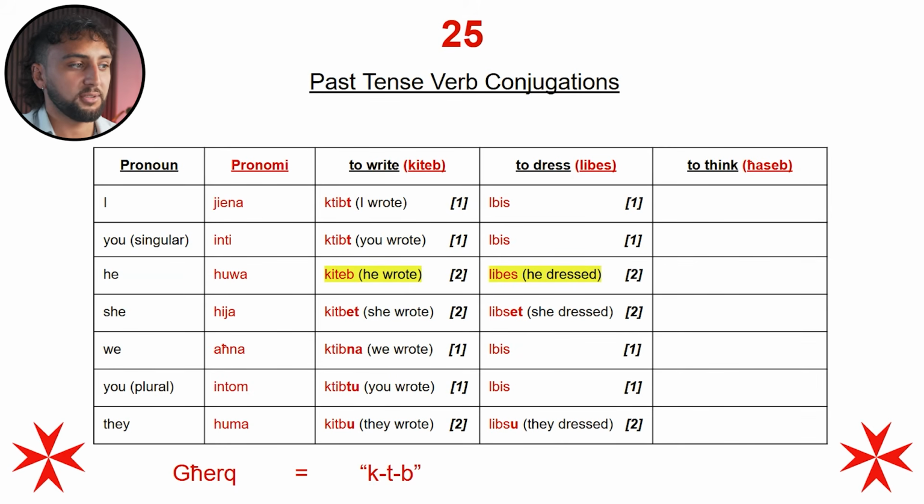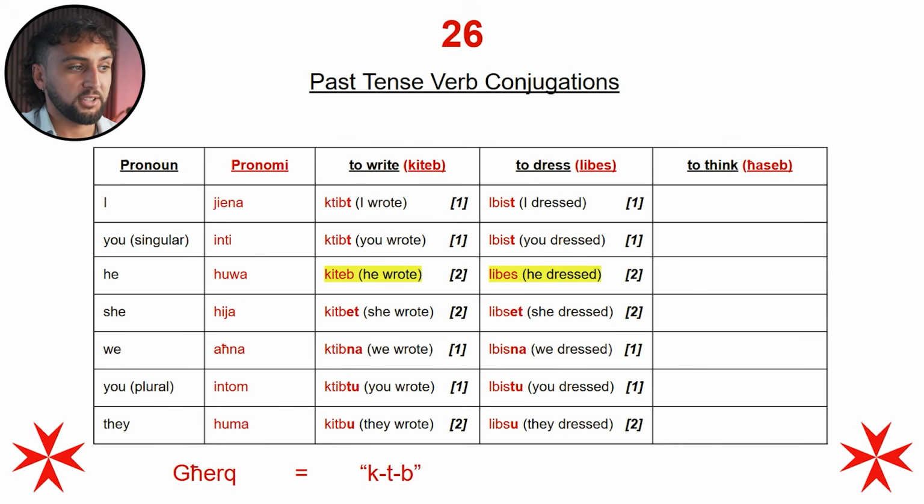So let me add in those changes for you. Boom! And that's all of your conjugations for to dress in the Maltese past tense. We have ilbist, ilbist, libes, libset, ilbisna, ilbistu, libsu.